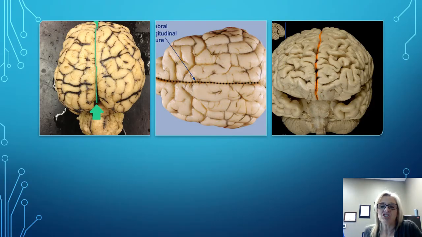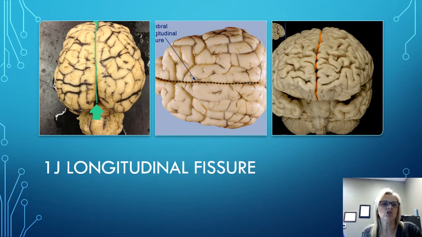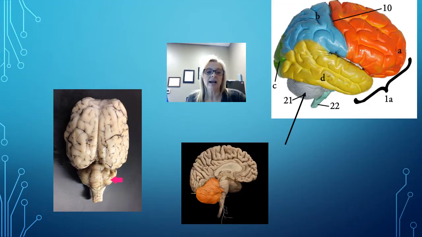This one divides the hemispheres, in this direction. So what is that anatomical term for the direction and the name of the feature? Longitudinal fissure. This one means tiny brain. So it's this little tiny brain under the big brain. It's this little portion, and it is called the cerebellum, and it really does mean little brain.